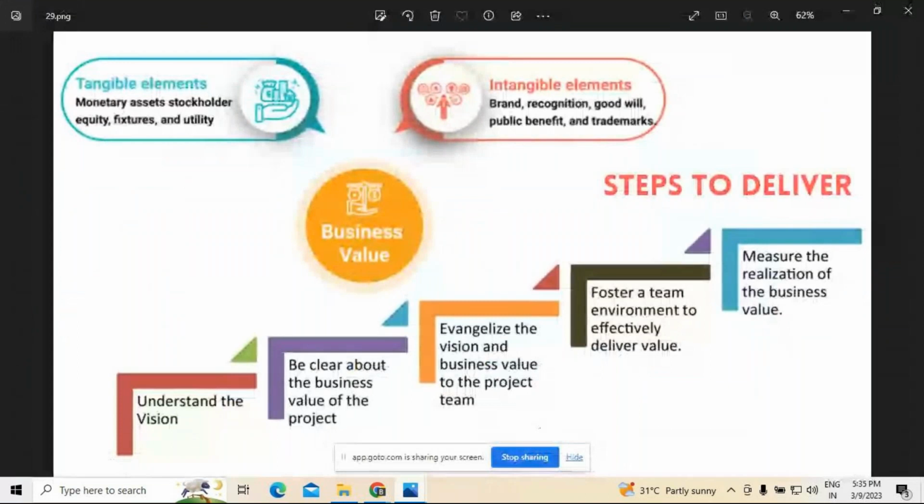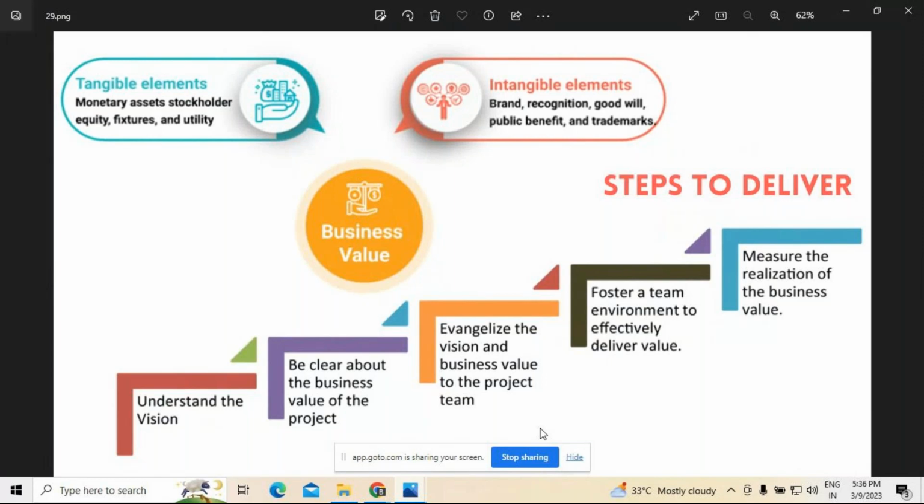Right. In the previous session, we discussed program governance, the program governance structure, all that we have completed. In today's session, I am going to discuss the business value part, because as a part of program management, one must be identifying it.